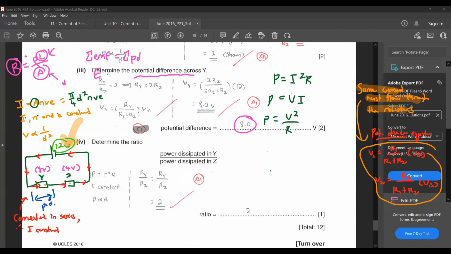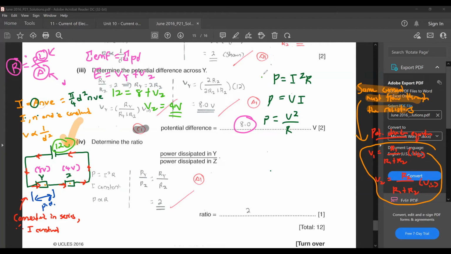In my case, E equals Vy plus Vz. So if my E is 12, my Vy is 8, obviously Vz is going to be 4. You can go about it in this method. From there, if you want to use any one of these equations to find out the ratio of the powers, you can.